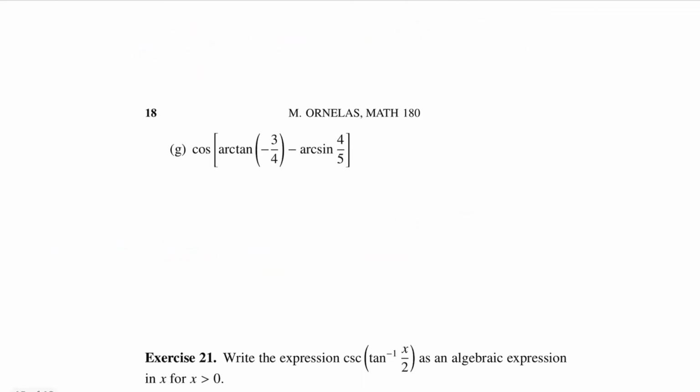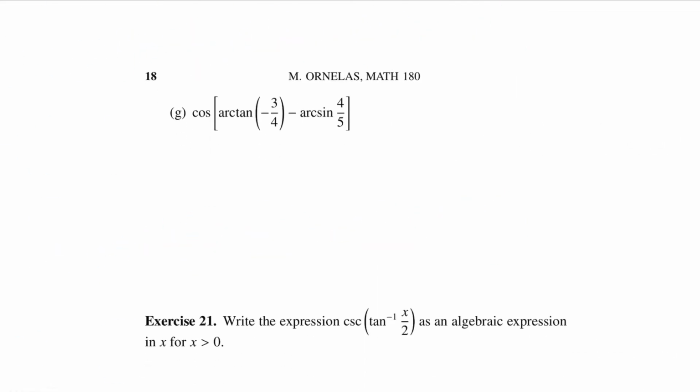All right, this one is a double angle. We can call this one alpha, we'll call this one beta. So let's draw these two triangles out, one for alpha and the other for beta. So let's start with alpha.